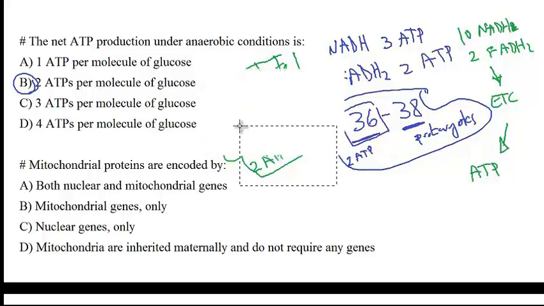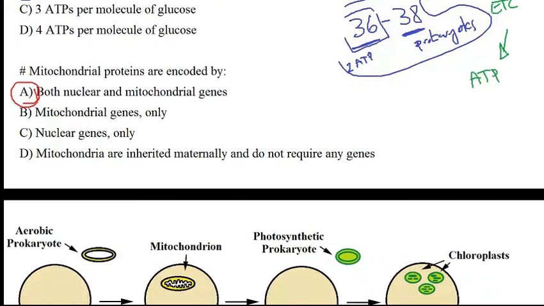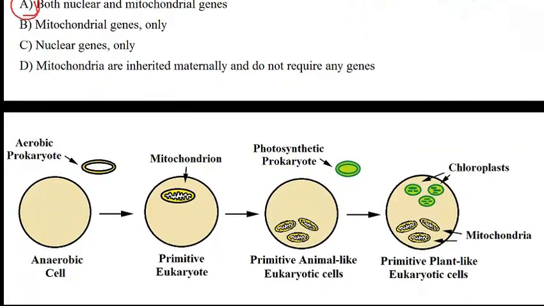Now let's move on to the second question. If you want to think a little more, go ahead, pause the video. So mitochondrial proteins are encoded by both nuclear and mitochondrial genes. Let me give you some background information.